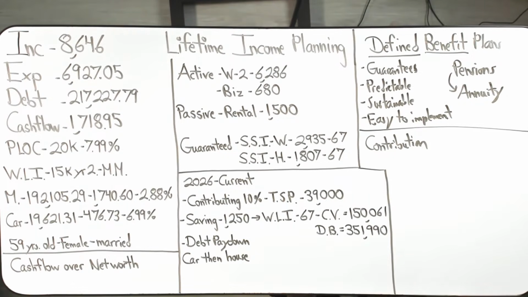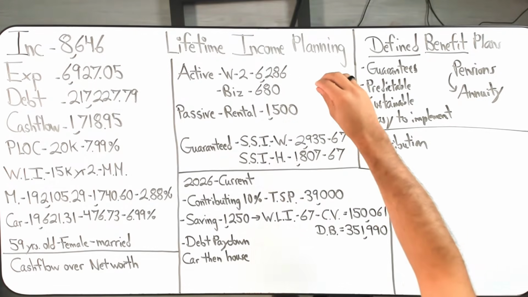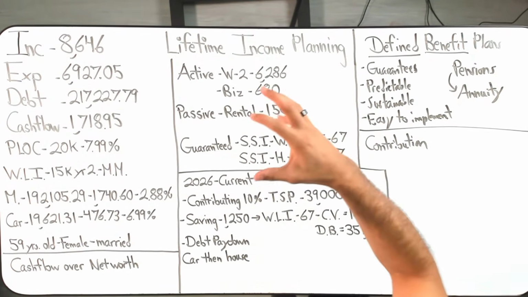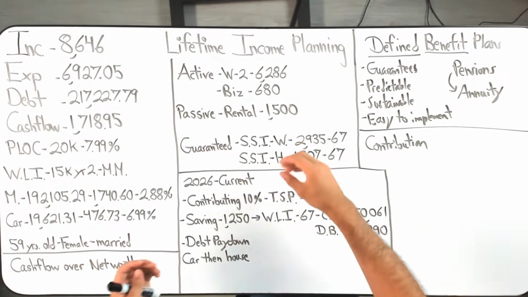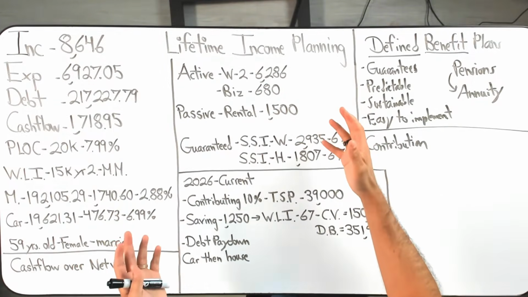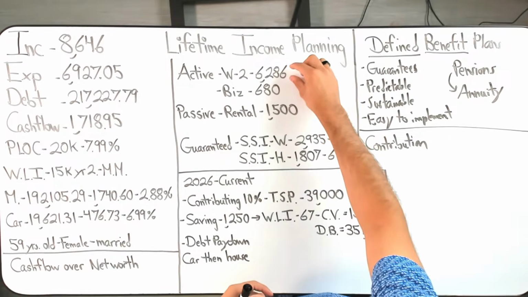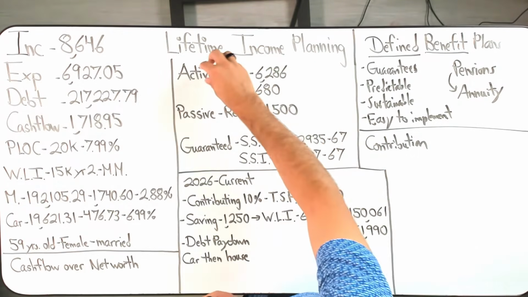They could decide to work for 6 months and then take 6 months off. They can decide to just go from working 40-hour work weeks to 20-hour work weeks. This is the type of person that does not have a desire to just stop working, but they do have a desire to replace this W-2 income.